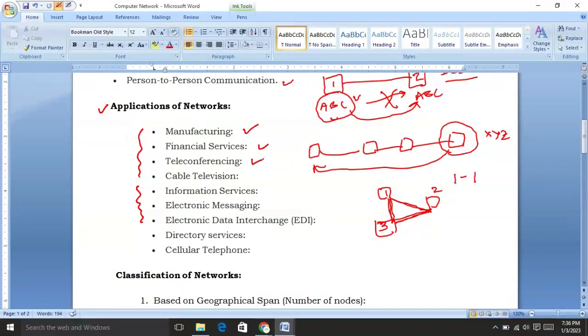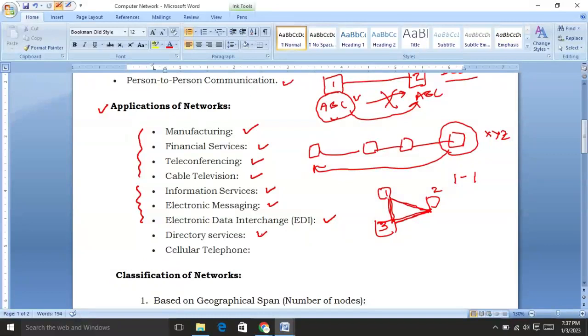And teleconferencing, where we make video and audio calls, and cable television. We know dish TVs and so on. Information services, where we access news channels and entertainment channels, and electronic messages, that means SMSs and chats, Instagram, WhatsApp groups like that, and electronic data interchange, that means we send and receive mails and other things, and directory services.